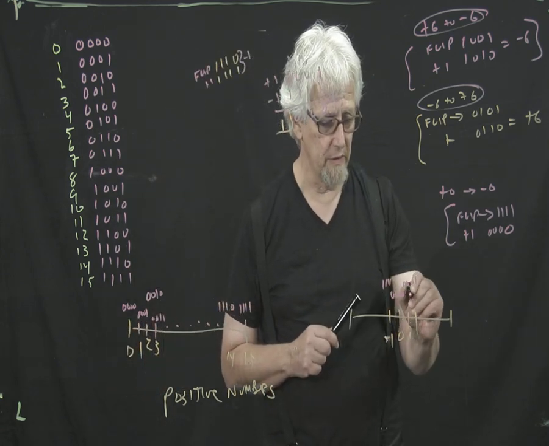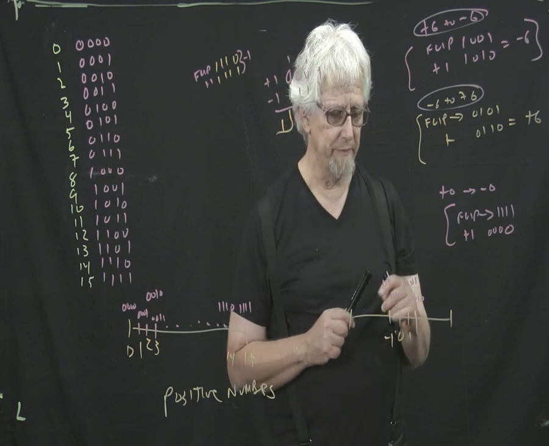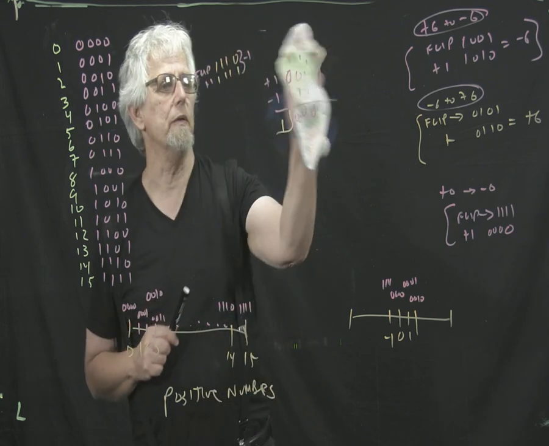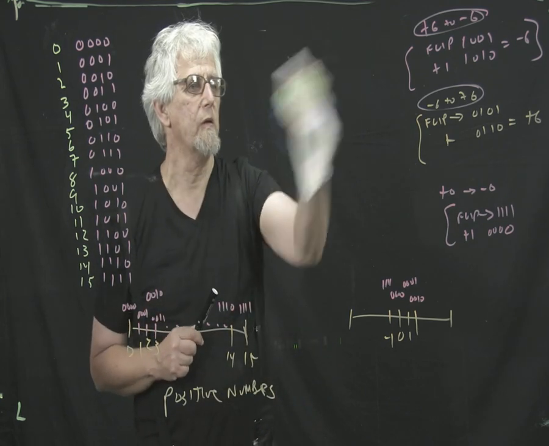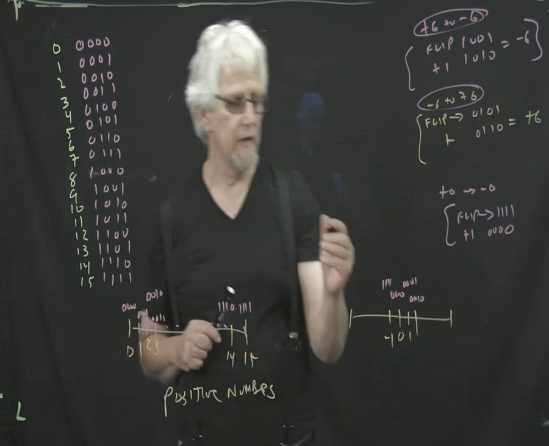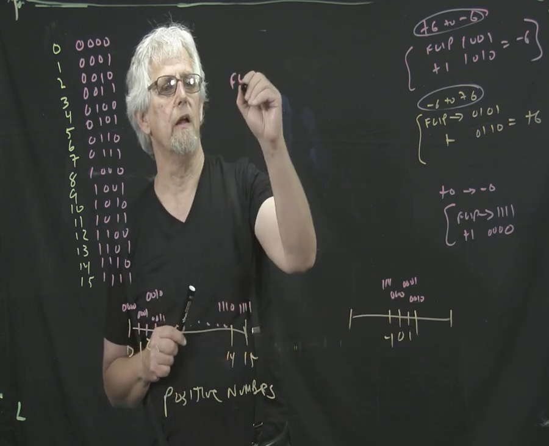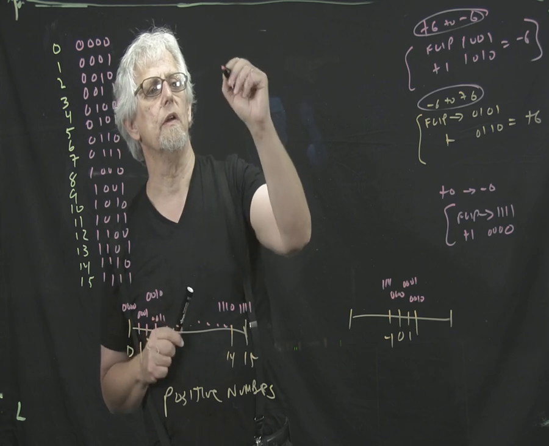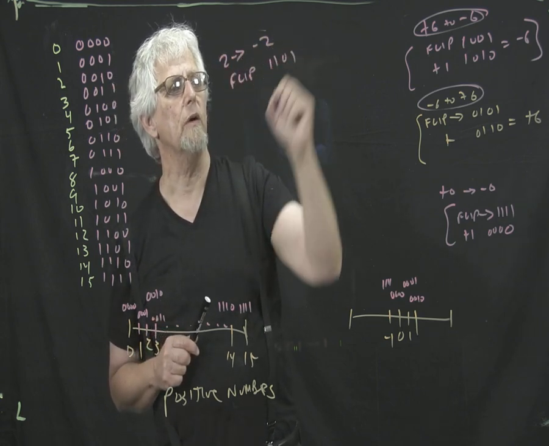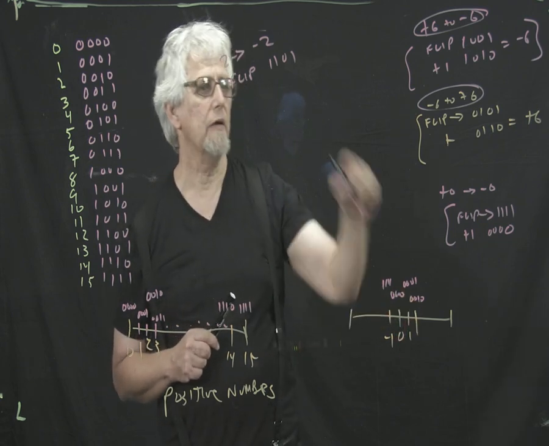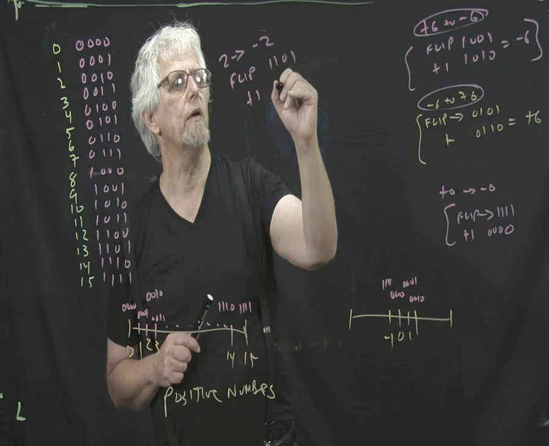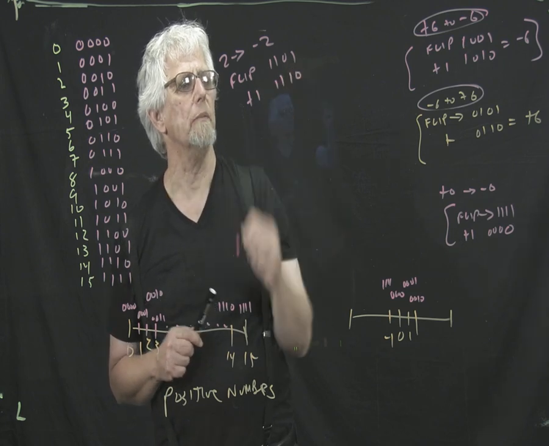Okay, what does 2 look like? 2 is 0, 0, 1, 0, right? So let's calculate minus 2. 0, 0, 1, 0, we flip it, we get 1, 1, 0, 1. Plus 1, we get 1, 1, 1, 0.